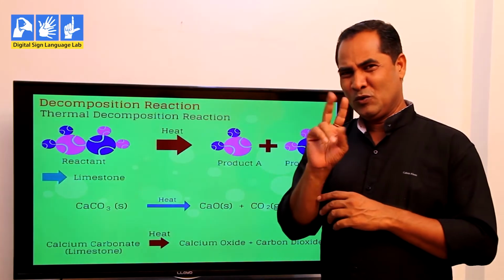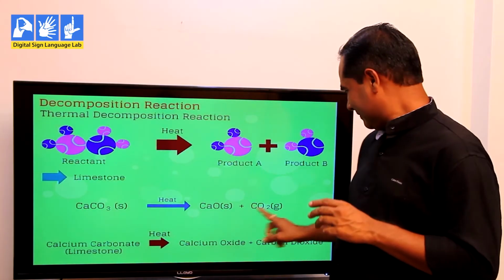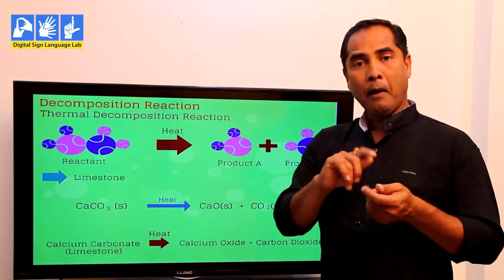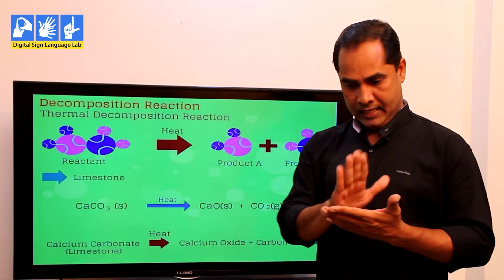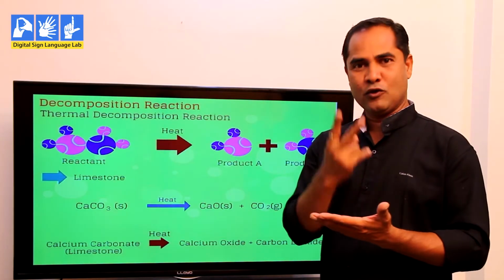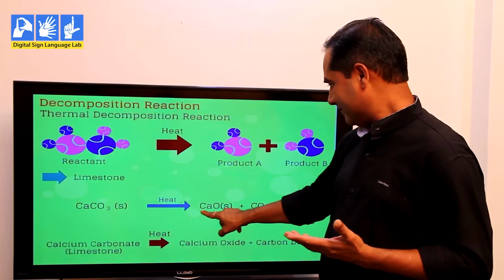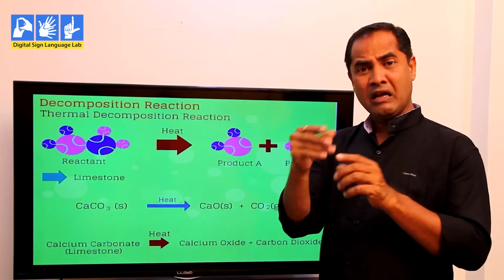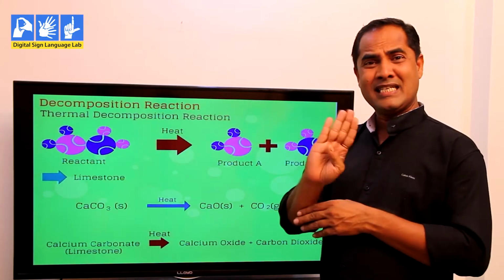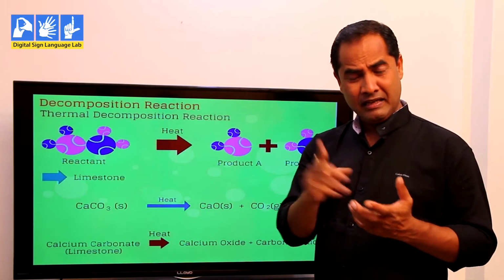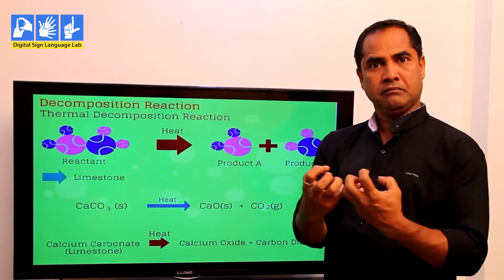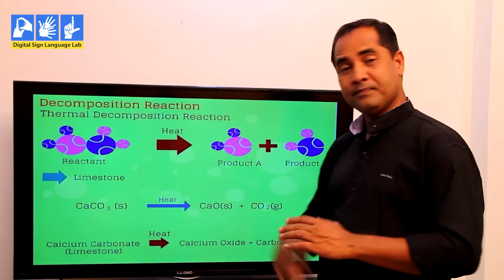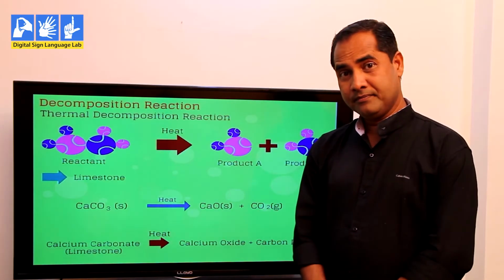And the second one is carbon dioxide. So after you heat limestone, you would also notice a color change and formation of two products, calcium oxide, which is used in painting in the house, popularly known as chuna. I hope it's clear.